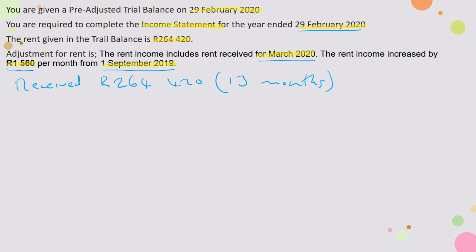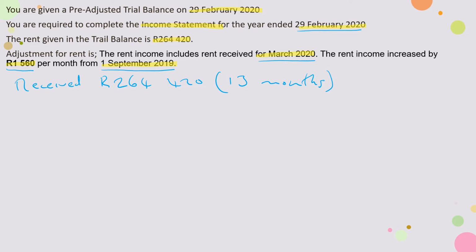So the rent was increased by 1,560, and what we need to do is calculate the monthly rental income. This is the way you calculate it. How many months was rent increased for?